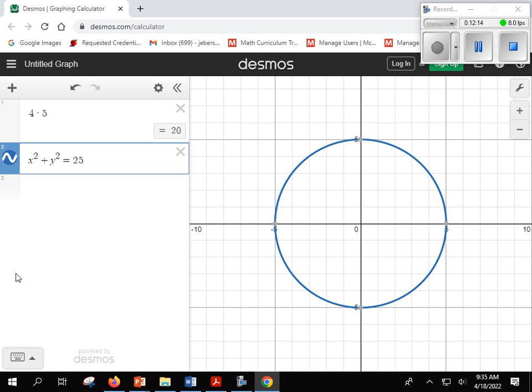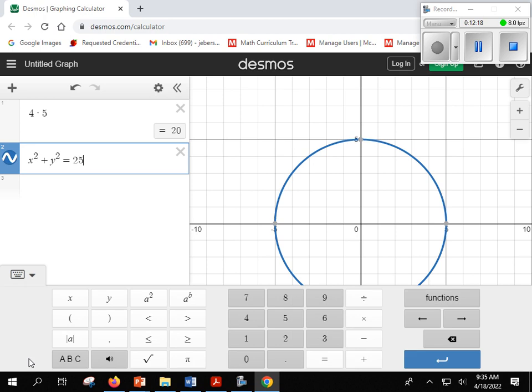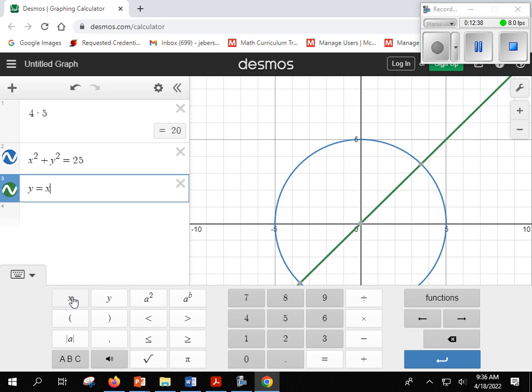There's a lot of other things on here. We've done a little bit of this earlier this year, where we graphed lines, like y equals x plus 2 or something.